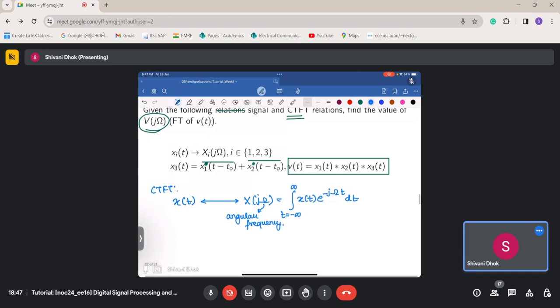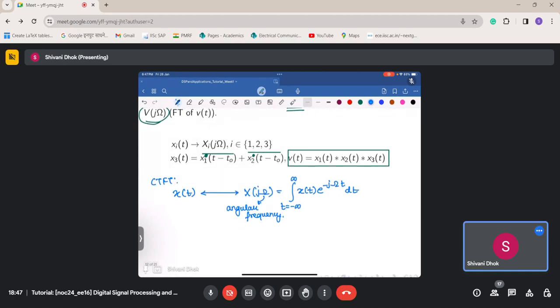So we are given that each xi(t) has a CTFT capital Xi of j omega, where i belongs to 1, 2 and 3. And we are given that x3(t) is equal to x1 of t minus t0, conjugate, plus x2 of t minus t0, conjugate. And v(t) is simply the convolution of these, and we need to find the Fourier transform of this quantity.